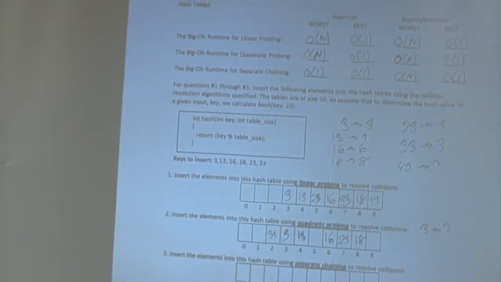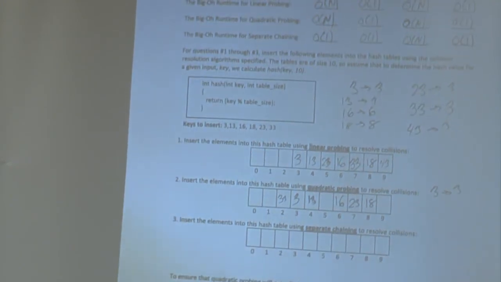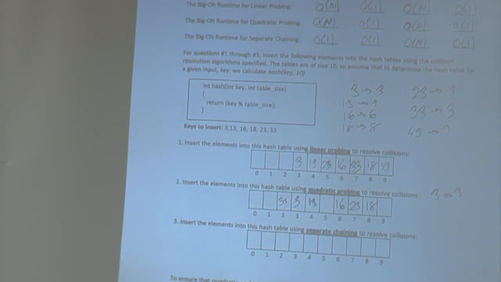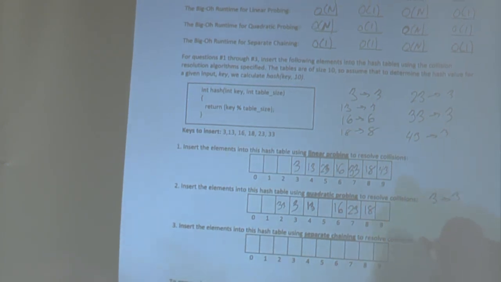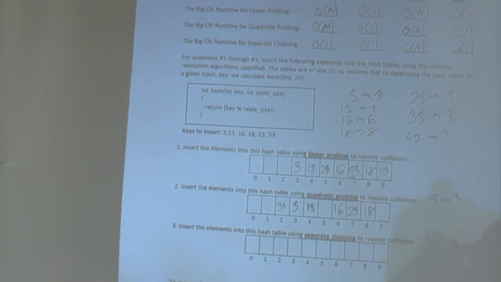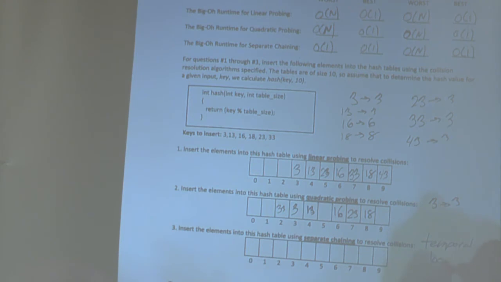Okay, so now let's insert the elements into our hash table using separate chaining. For separate chaining, we want to insert into the hash table at the head of the linked list. There's a concept called temporal locality, where it says that data that's been used is likely to be used again sooner.